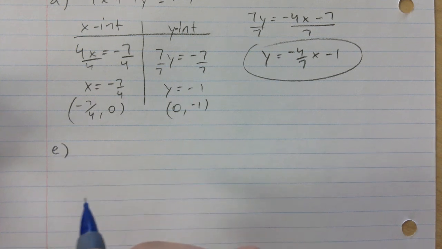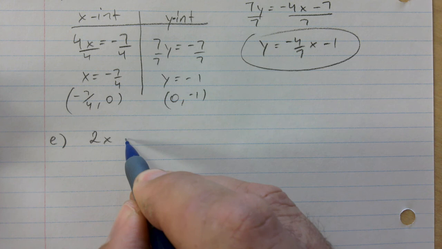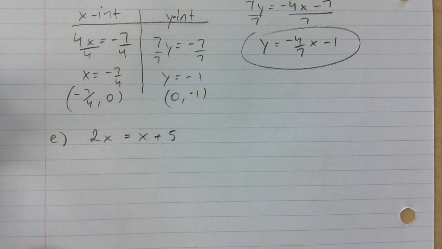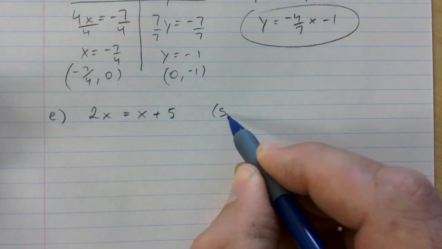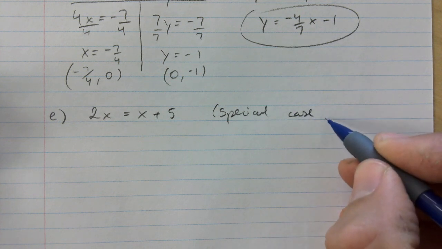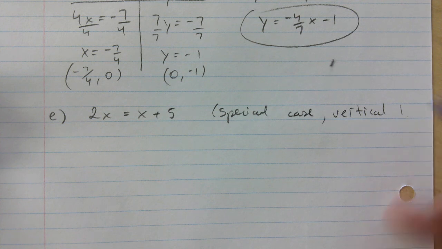E. That was 2x. Watch this one. Look up to this one, okay? No y. This is a special case. It's a vertical line. Is there a y there?